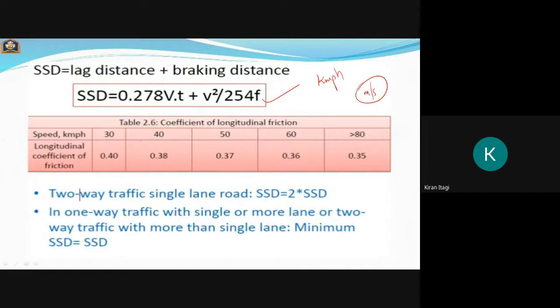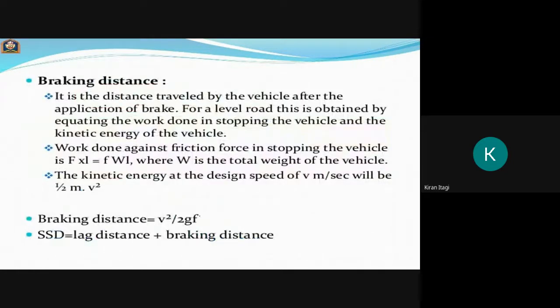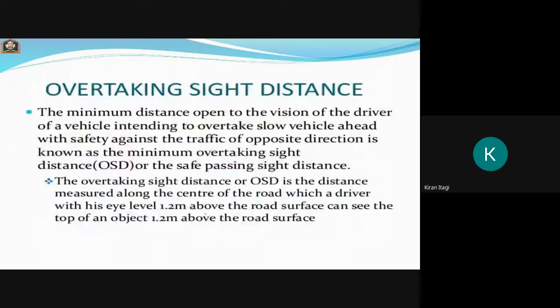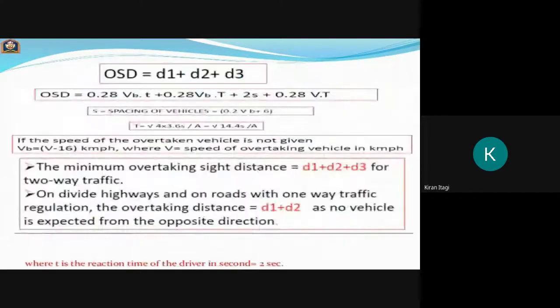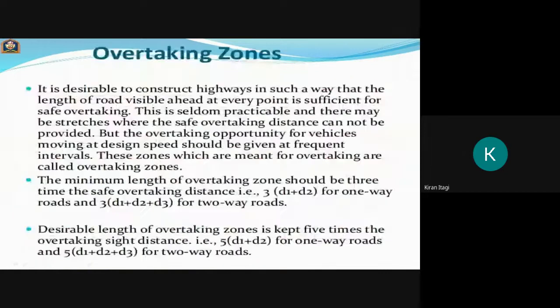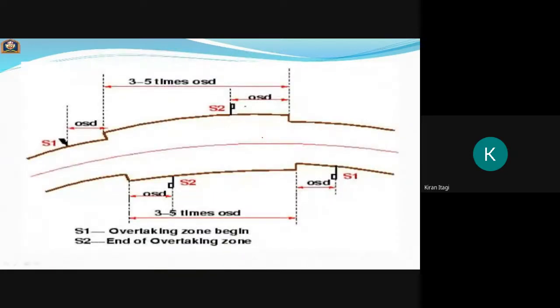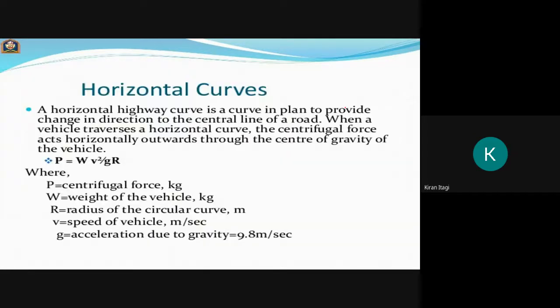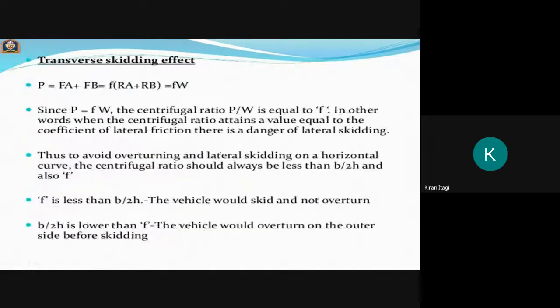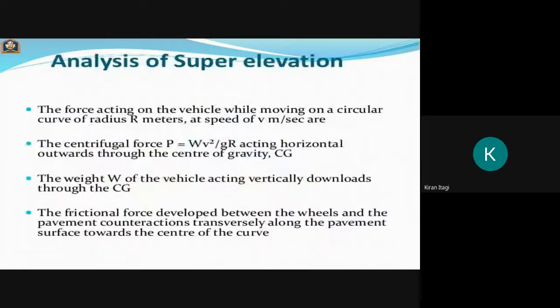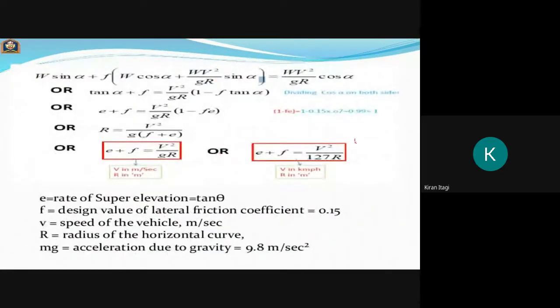And for overtaking sight distance, again we have a formula. If you open any MPSC previous year question paper, one question will be based on overtaking sight distance, stopping sight distance, and on super elevations, on this formula.